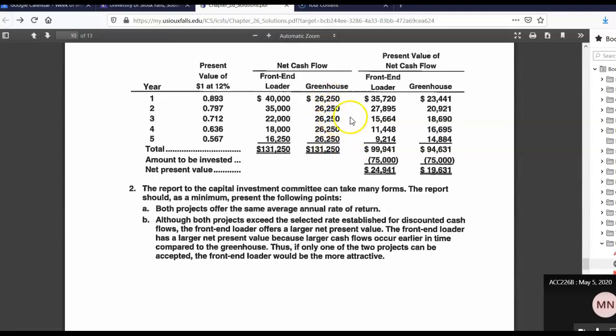So that should make sense to you, that something that we're going to get in a year is worth a whole lot closer to 26,250 versus something that we're going to get at the end of 60 months versus at the end of 12 months. Does that make sense to you guys? Be sure to interrupt me if you got questions.